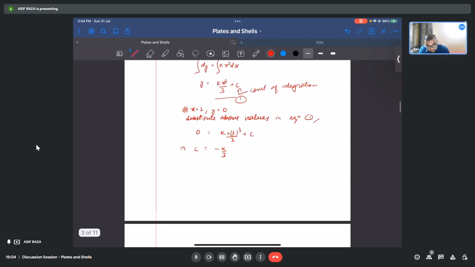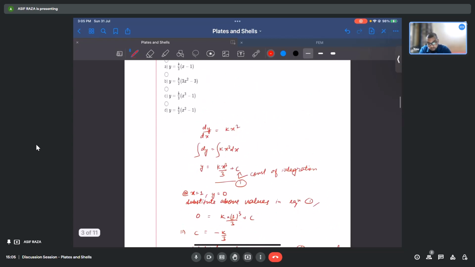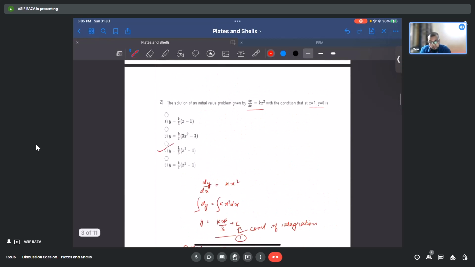Now substitute the value of c in equation 1, we get y is equal to kx cube by 3 minus k by 3, which can be simplified to get y equal to k by 3 (x cube minus 1), which is my solution. So on comparing, option C is the correct answer.